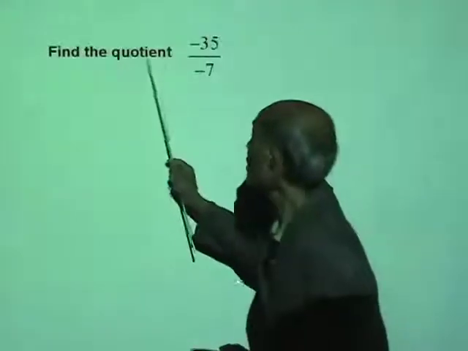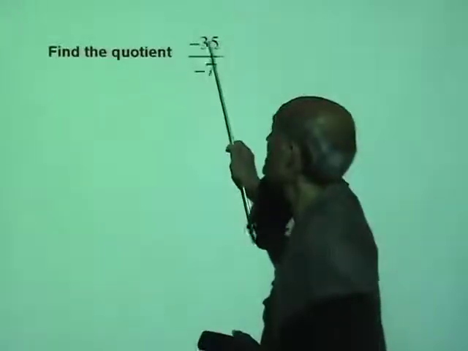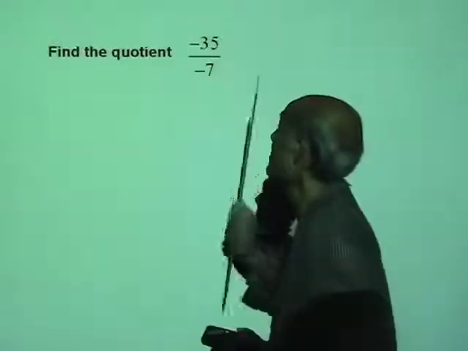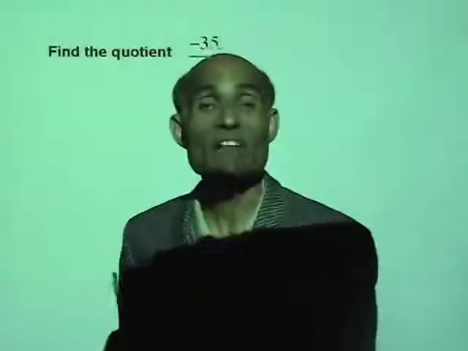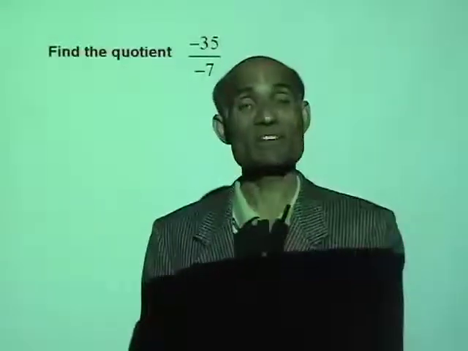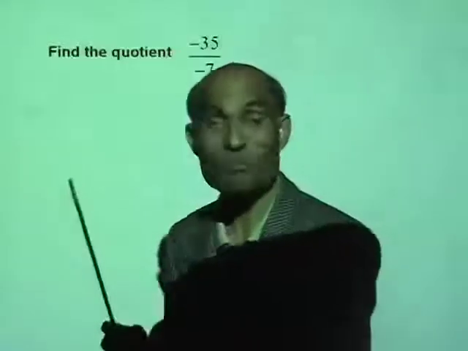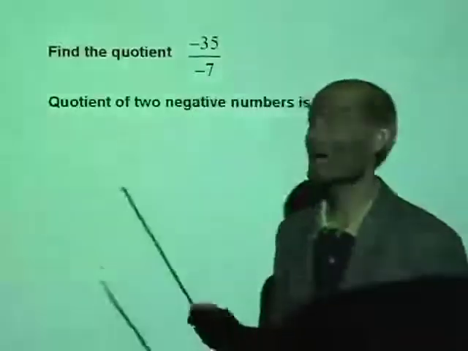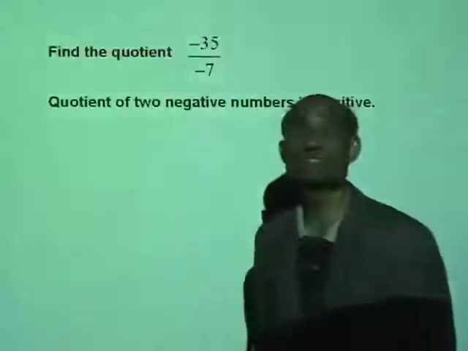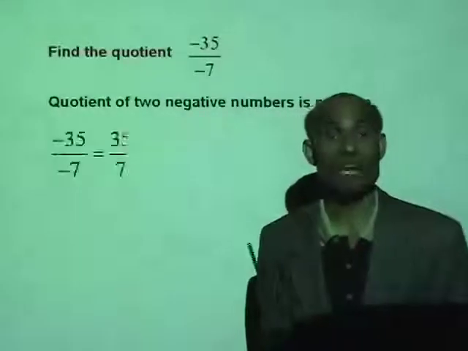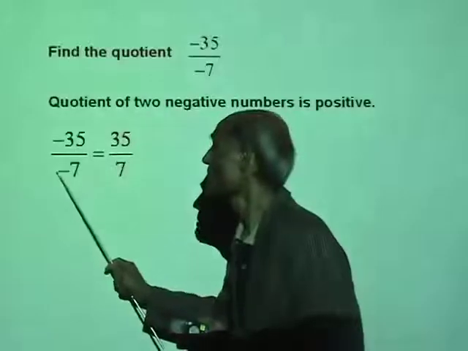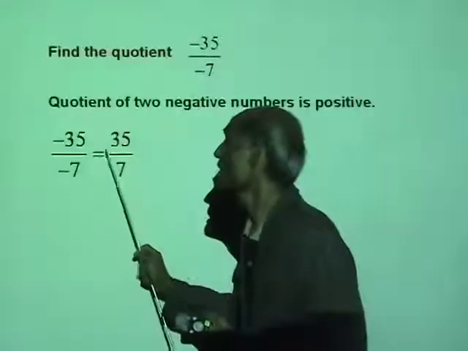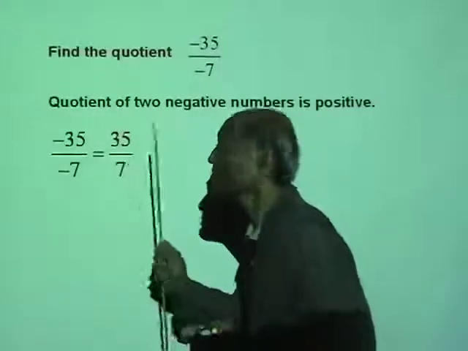Alright, find the quotient negative 35 divided by negative 7. Well, a negative number divided by a negative number is a positive number. Is that right? The quotient of 2 negative numbers is positive. Therefore, negative 35 divided by negative 7 is 35 over 7.